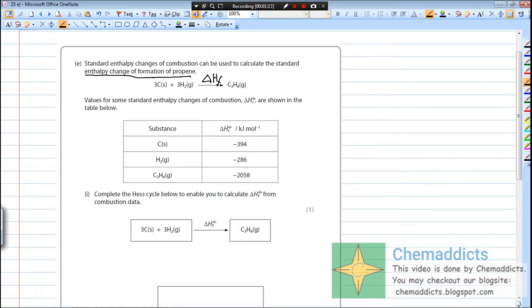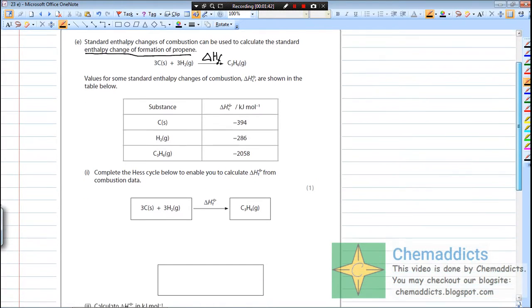This is the standard enthalpy change of combustion of carbon, this is the standard enthalpy change of combustion of hydrogen, and this is the standard enthalpy change of combustion of propane. They said to complete the Hess's cycle below to enable you to calculate the standard enthalpy change of formation from combustion data.